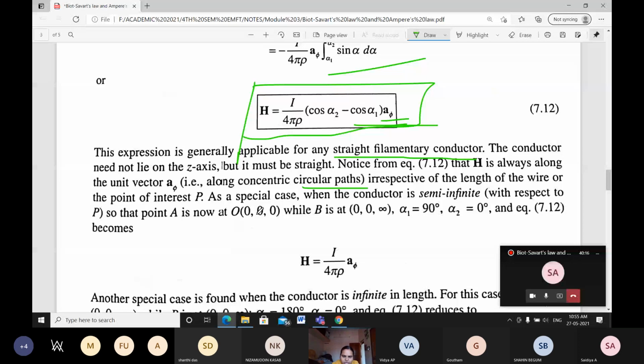Then what is our H going to be? I divided by 4 pi rho. We don't know where alpha 1 and alpha 2 are, it will be lengthy, so it will be cos 90 minus cos 0, which gives I by 4 pi rho into a phi.